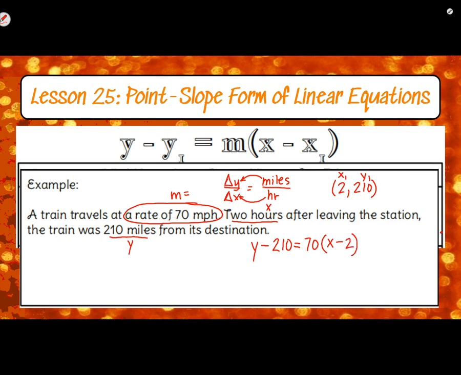We have it in point slope form. I just went through, reading y minus y1, and filled in the y part of my point, equals, filled in my slope, parentheses x minus, wrote down the x part of my point. That's all I did.